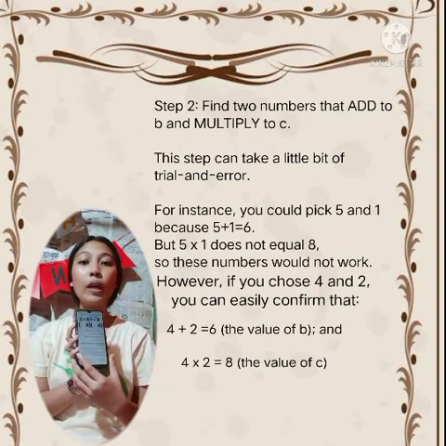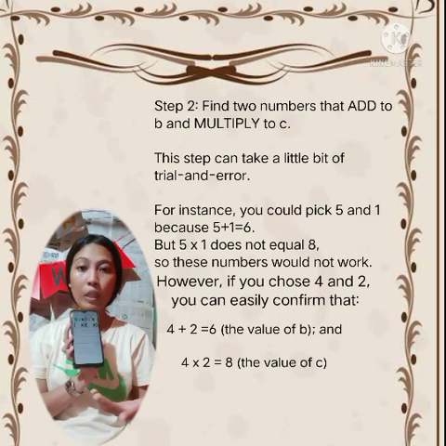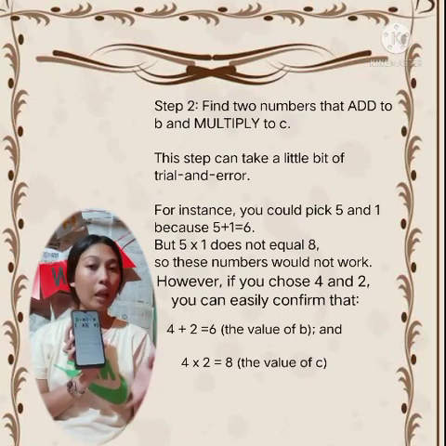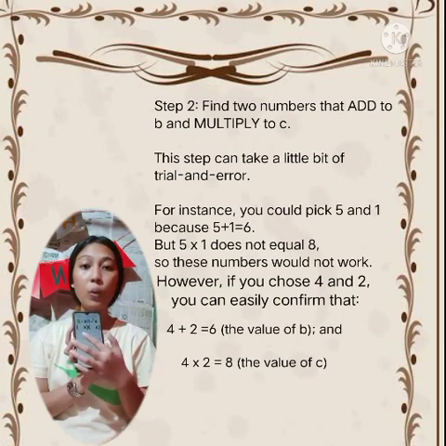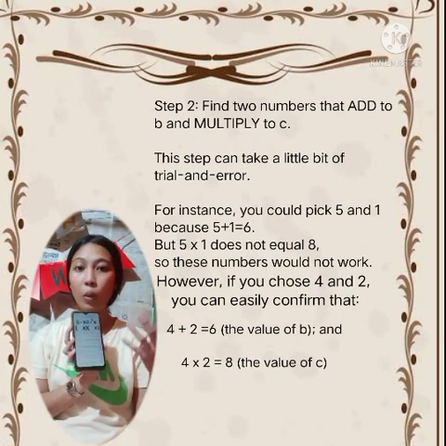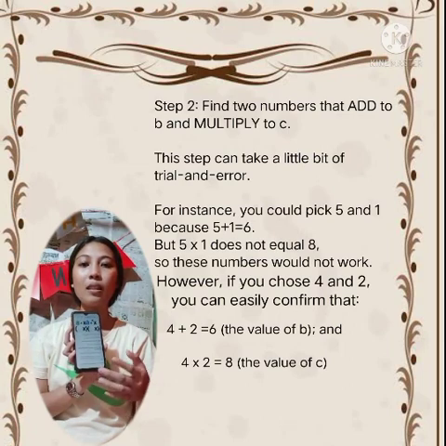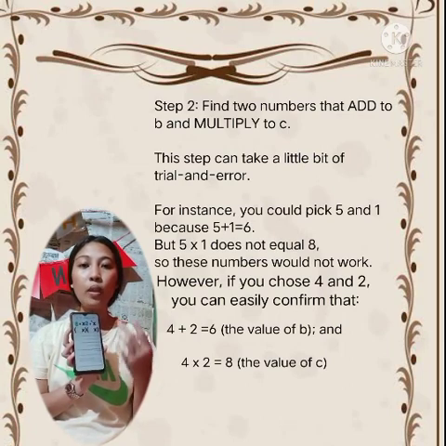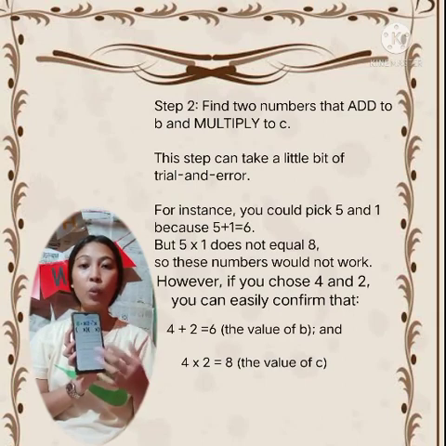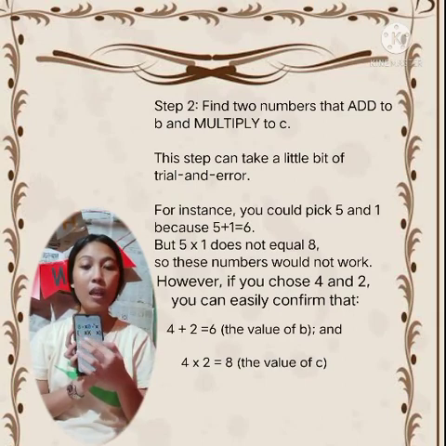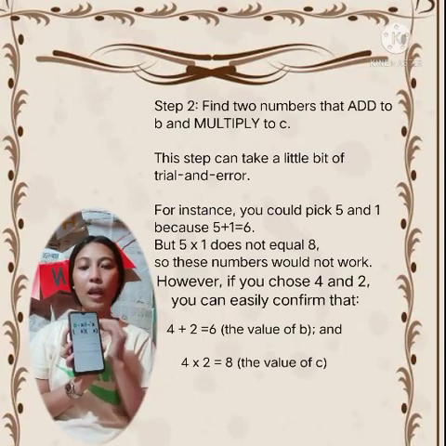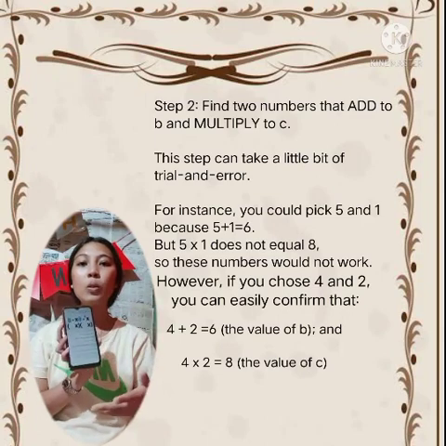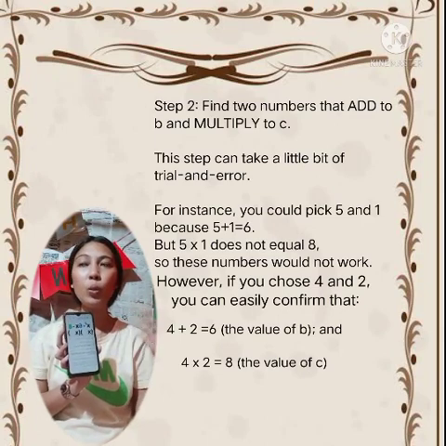When we multiply 5 times 1, the answer is 5. We need to get 8 for this example, so these two numbers are not the correct answer. We need to find another two numbers.